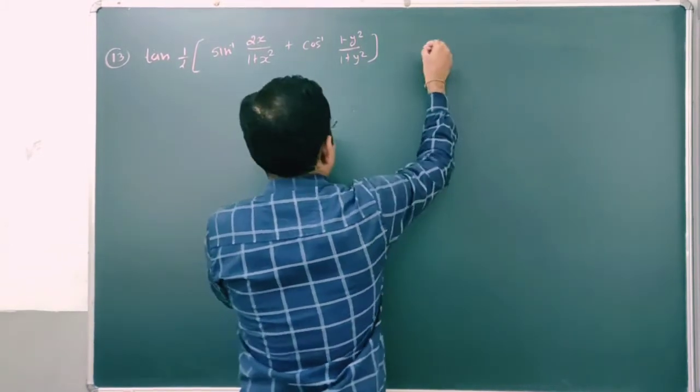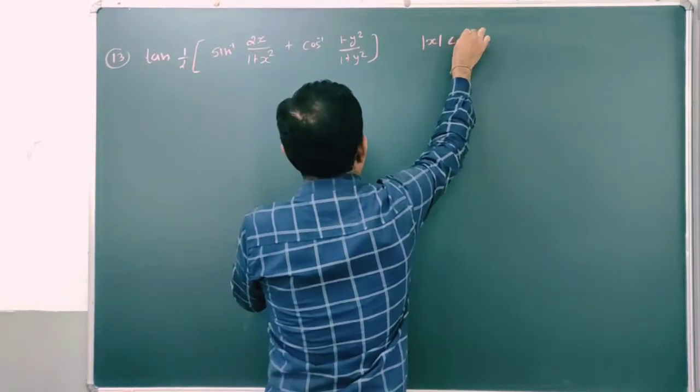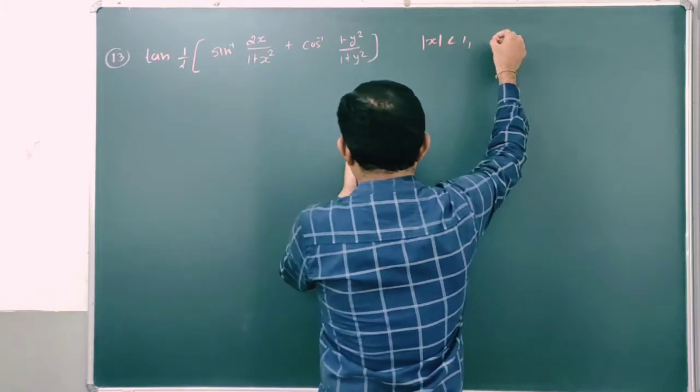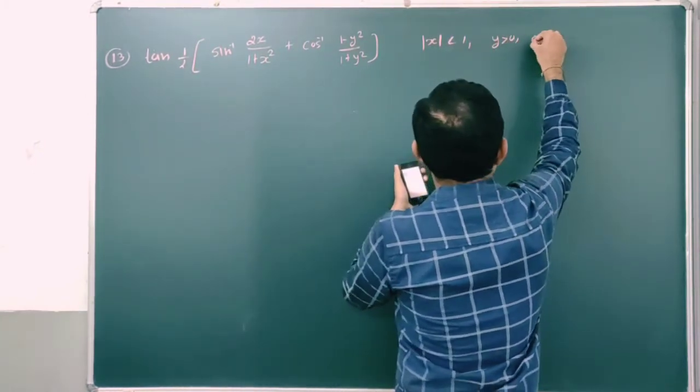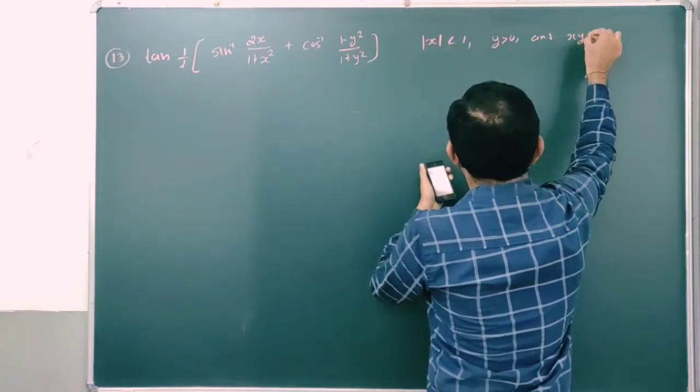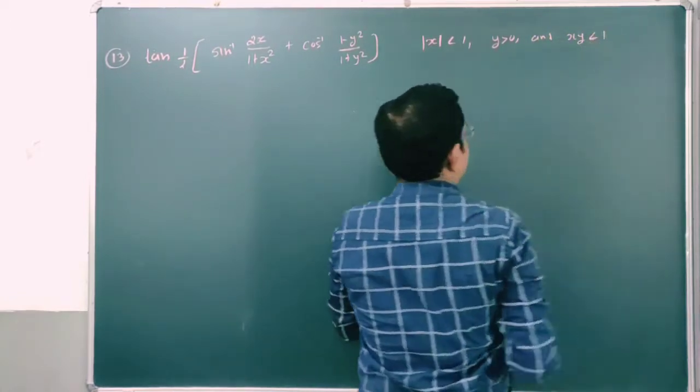The conditions are mod x must be less than 1, y greater than 0, and the product xy is less than 1.